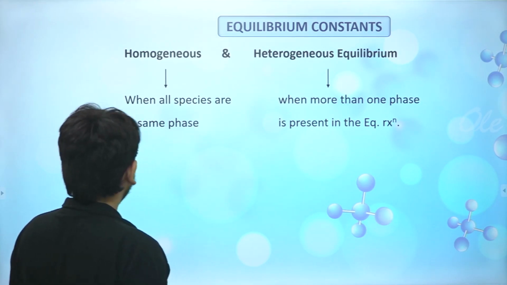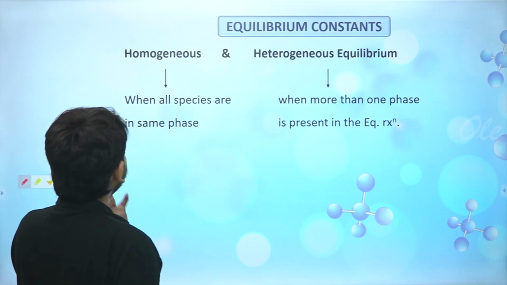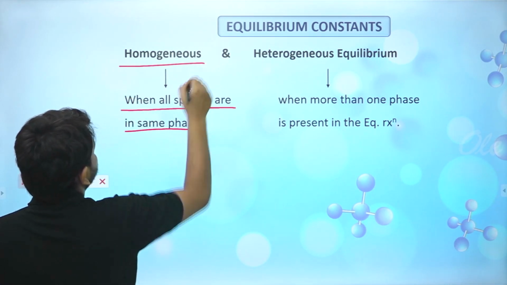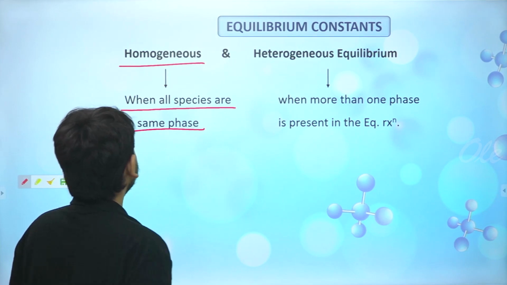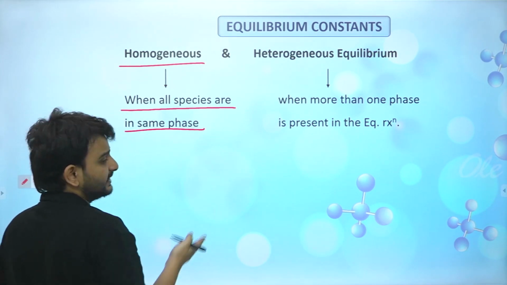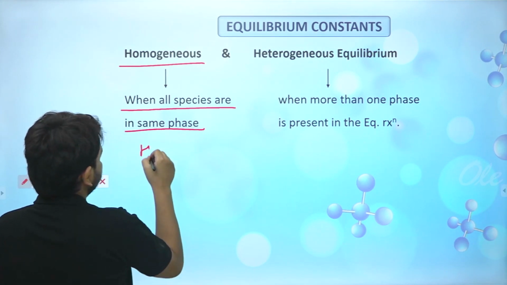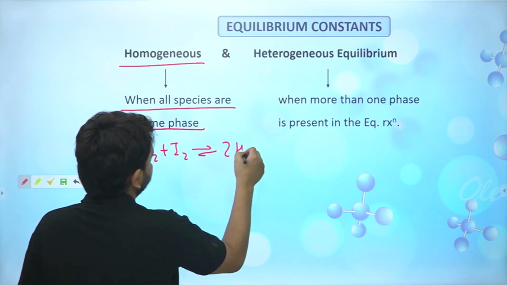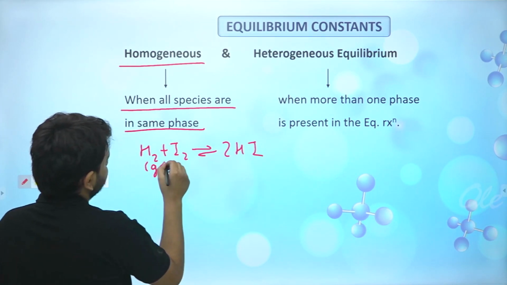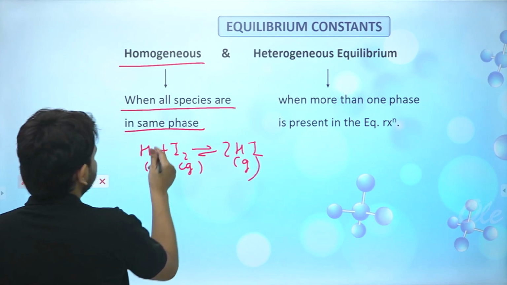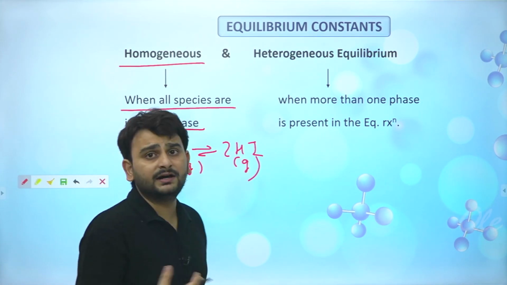So homogeneous and heterogeneous equilibrium: when all species are in the same phase, it's homogeneous equilibrium. For example, the last reaction that we talked about, H2 and I2 combining to form 2HI. They are all in the gaseous state, so all the reactants and all the products are in the same phase.